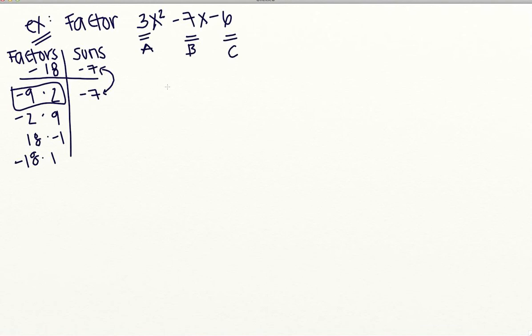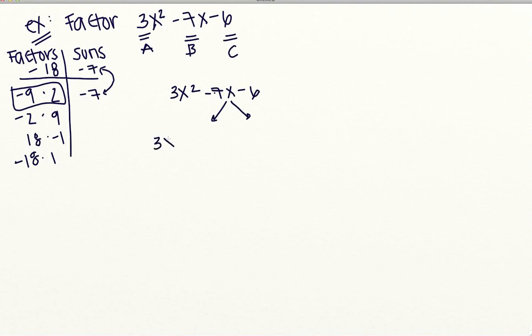We're on step 6 of our strategy. We're going to use the factors that we found to break up the middle term. So I'm going to rewrite my trinomial, 3x squared minus 7x minus 6. Now this time, instead of writing minus 7x, I'm going to break it up.